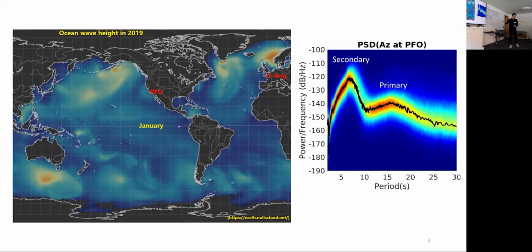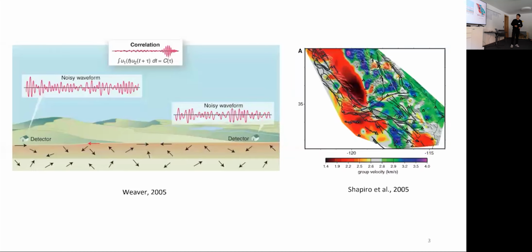For these two dominant microseismic noises, what can we do in general? If we have two stations, we can do the cross correlation between the two stations. We get the cross correlation function, and in general we can use it to do velocity tomography, like in the right figure, which is quite important and a very famous methodology.